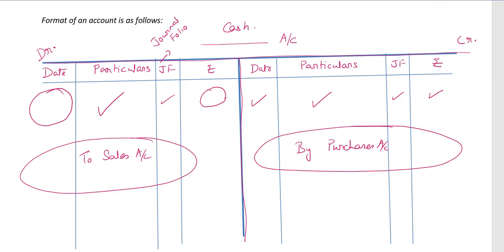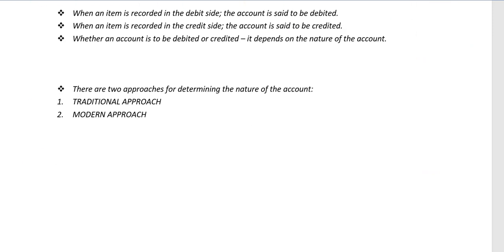Now, the question arises, how do I know whether I need to debit the account or whether I need to credit the account? This depends upon the nature of the account and the classification of account. So, let's see that. We saw that when an item is recorded in the debit side, the account is said to be debited.